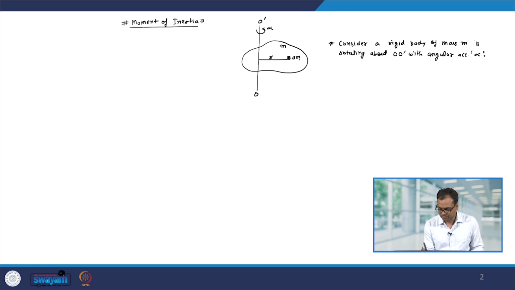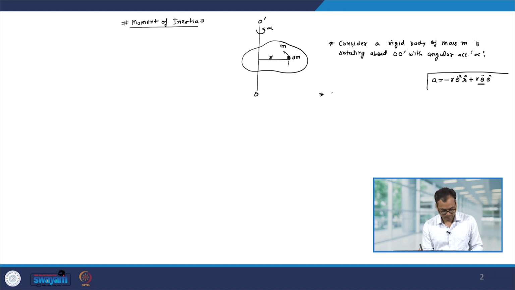Now, let us consider a small mass dm, which is at a distance, let us say r, away. Because it is rotating, this mass is going to have a tangential acceleration, and we know in planar polar coordinates the acceleration a is minus r theta dot square r cap plus r theta double dot theta cap. This theta double dot is the angular acceleration, which is alpha here.